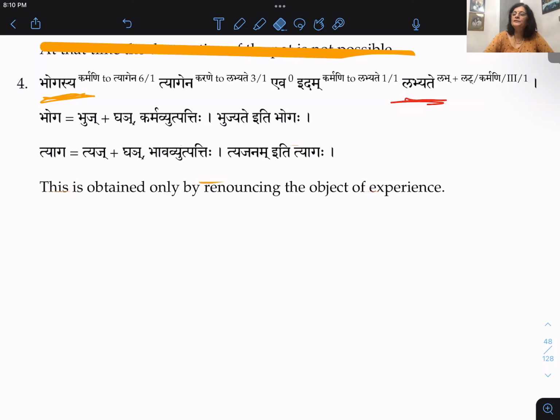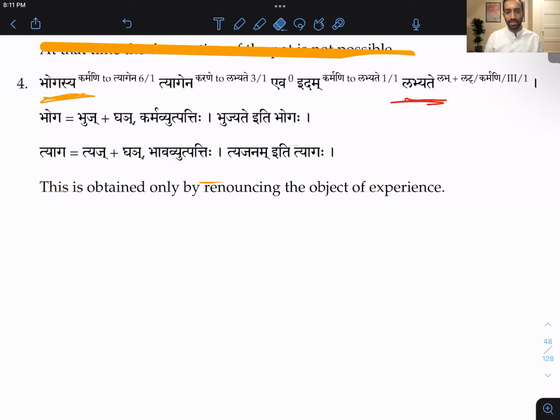Can I ask another question? Yeah, please go ahead and then we'll conclude there. Thank you. Could it be that this is only obtained by sacrifice of bhoga? This is only obtained. So this is obtained. Yeah, that works.